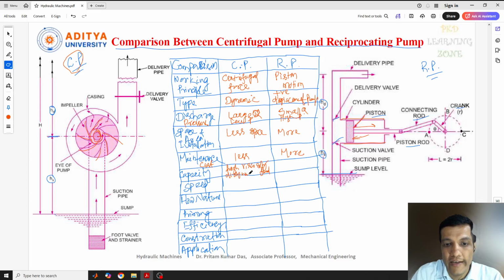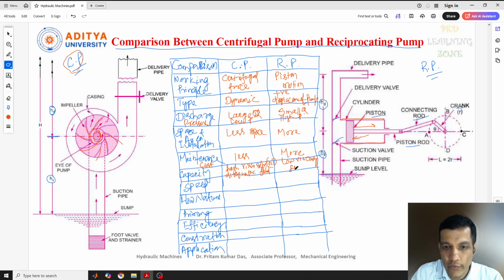Along with high viscous fluid, you can say oil, suppose, oil also can be shifted by this pump. But here, dirty water cannot be handled, or we can say low viscous fluid will be transported from here.